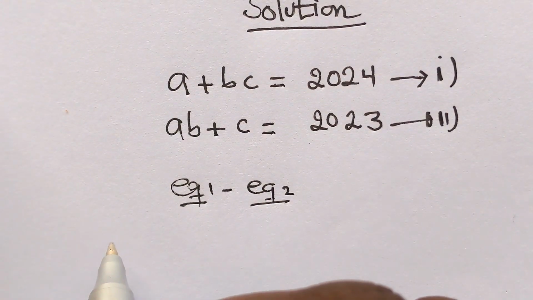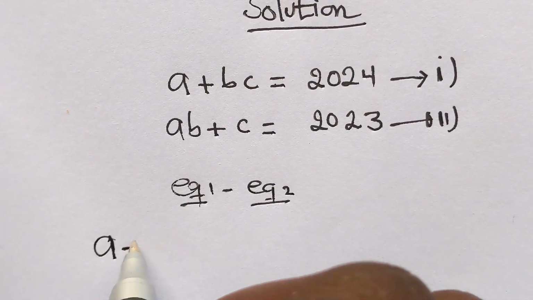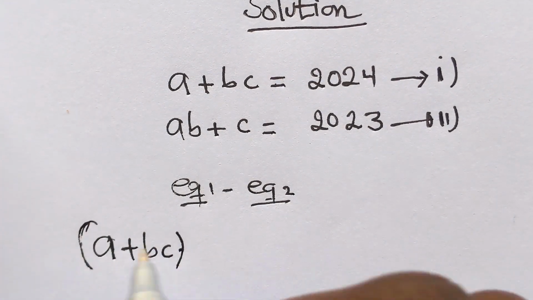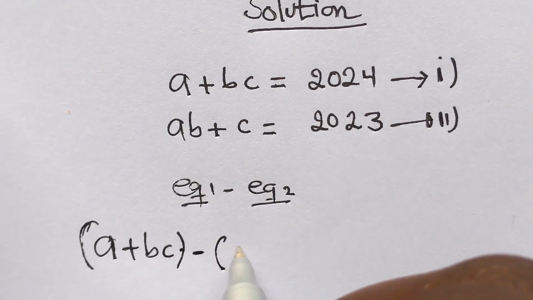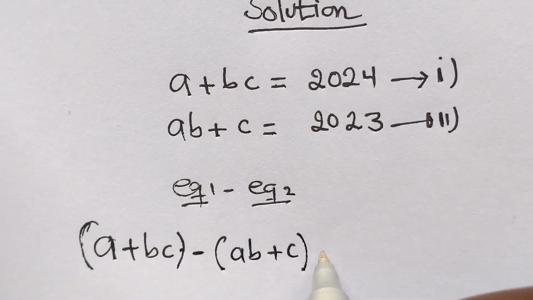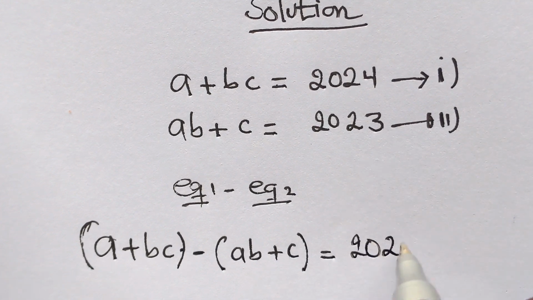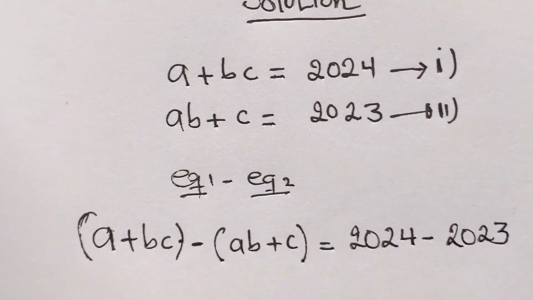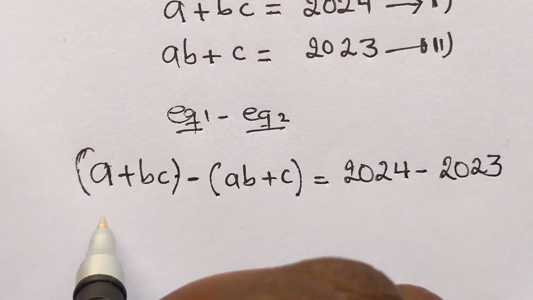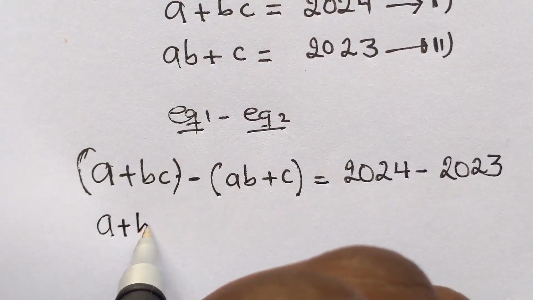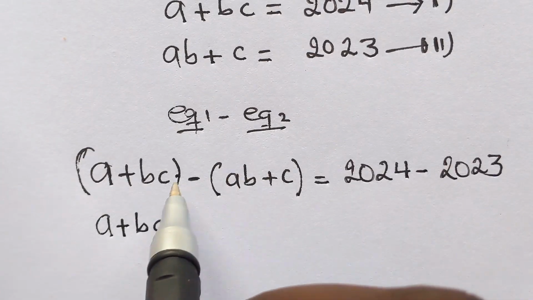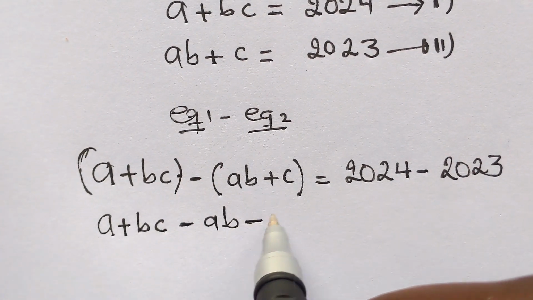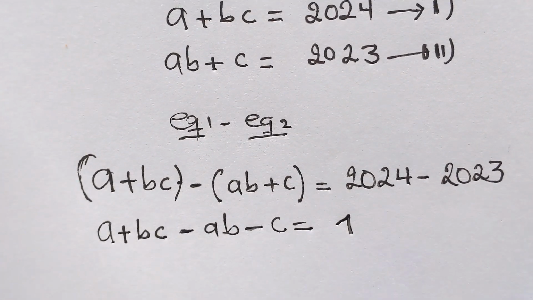We have a plus bc, minus (ab plus c), which is equal to 2024 minus 2023. Multiplying inside, we get a plus bc minus ab minus c equals 1.